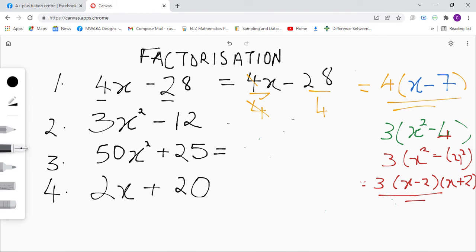Always put our highest common factor outside the brackets.